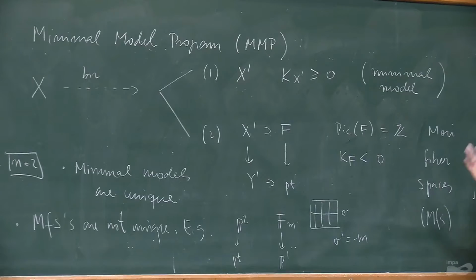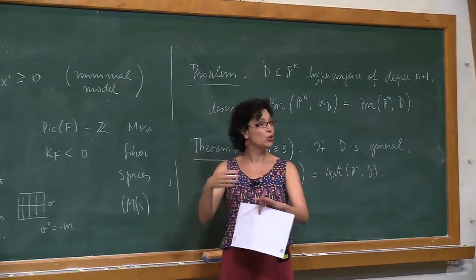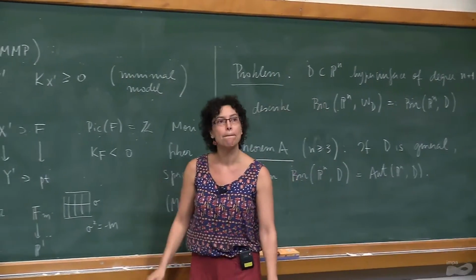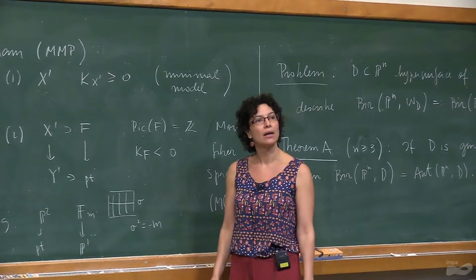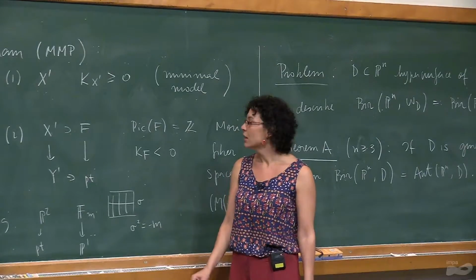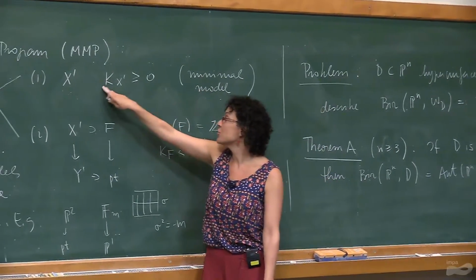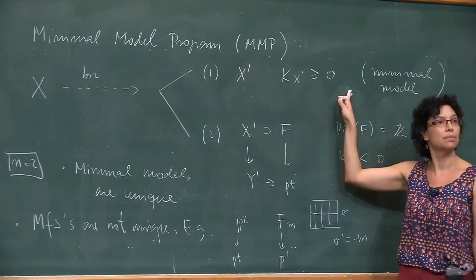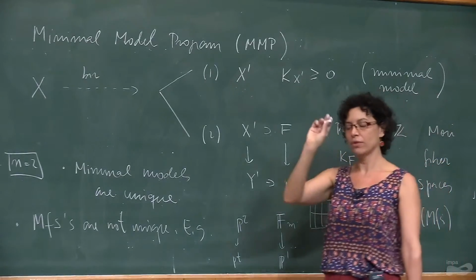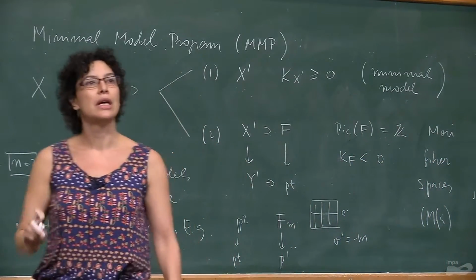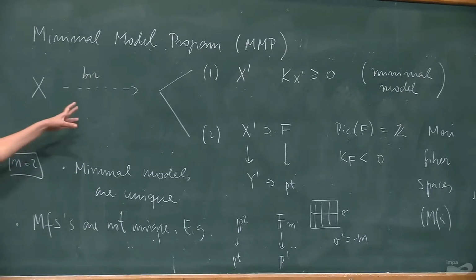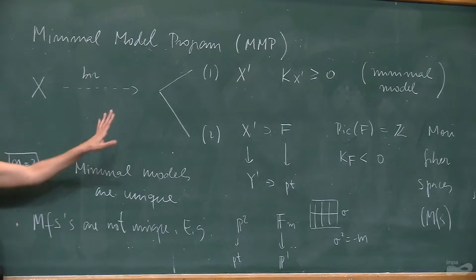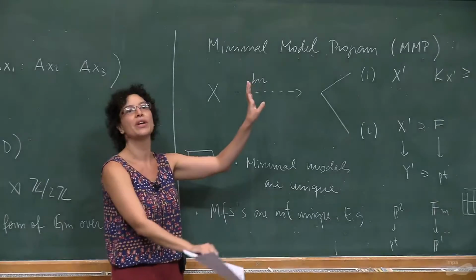You don't have the full minimal model as in dimension 3, but you do have enough. It's a minimal model, it's just a variety that satisfies this. Yes, it is. And again, you have Mori fiber spaces, and these are sort of disjoint classes.